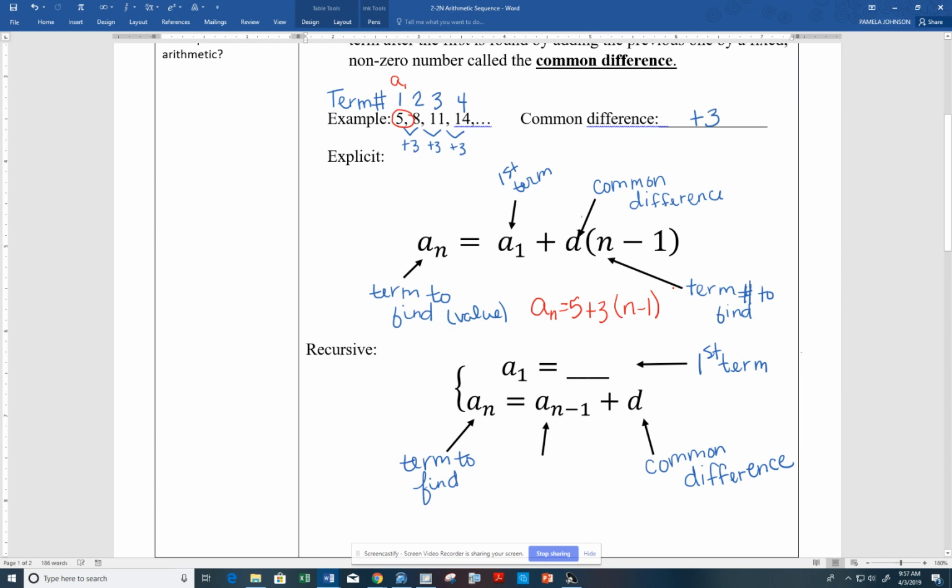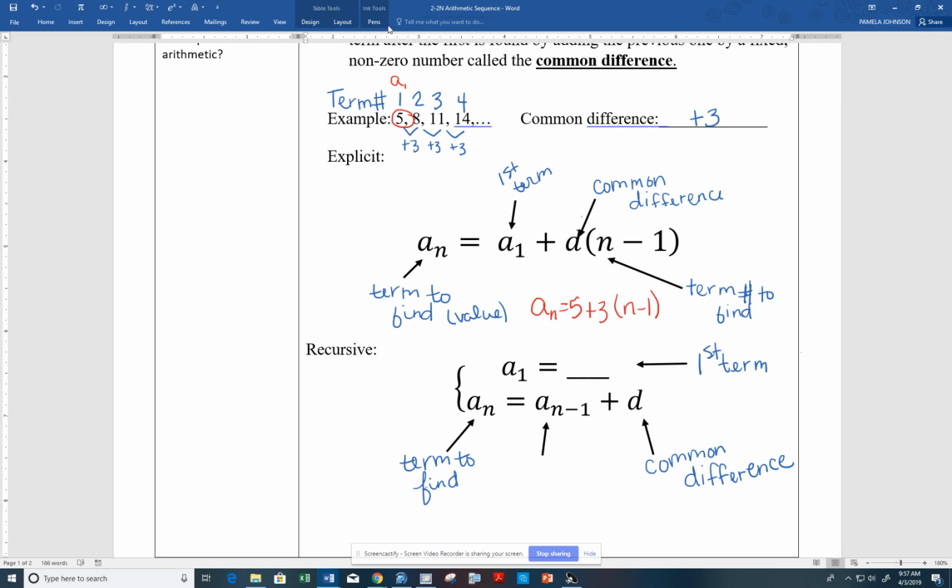Now, I mentioned earlier that if we wanted to find the 8th term, it would say a sub 8. Everywhere there's an n, we would put an 8, and then in parentheses it would be 8 minus 1. And we would just simplify this, and that would tell us what the term value is.